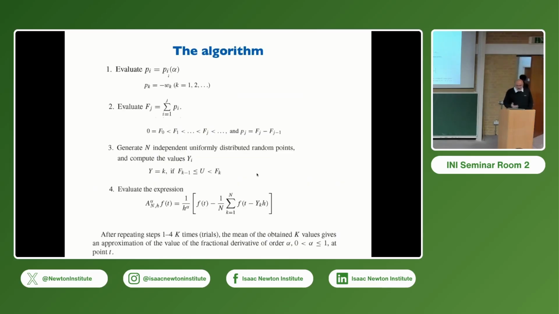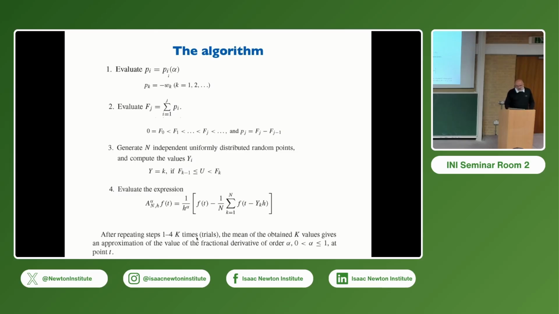So the algorithm is really trivial. We evaluate the probabilities using those known coefficients in the Grunwald-Letnikov formula. We create the cumulative mass function, throw uniformly distributed random points on that, and that's the rest. Repeating this k times and averaging, we have the output.